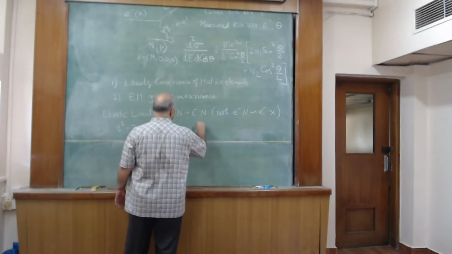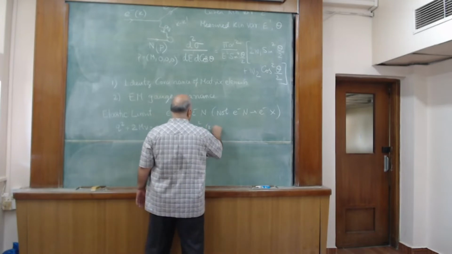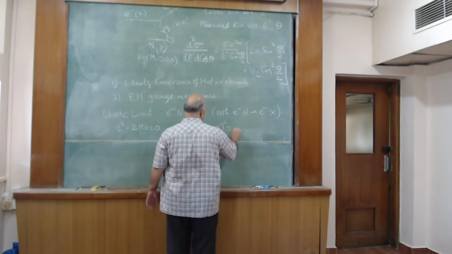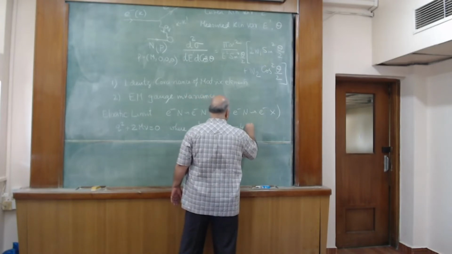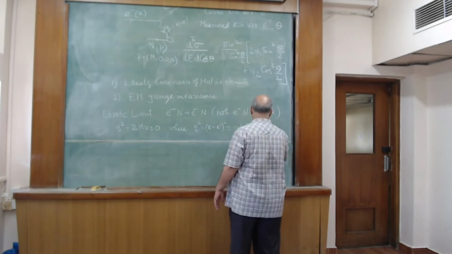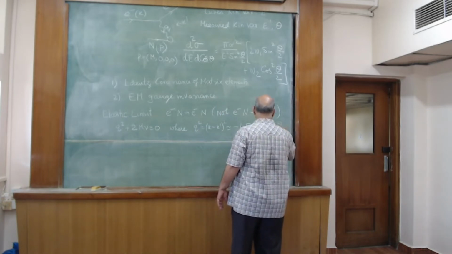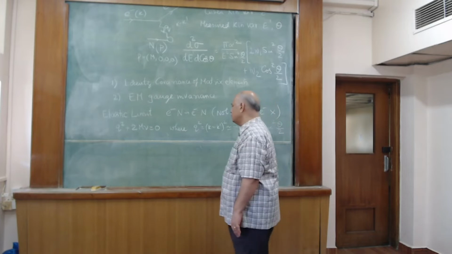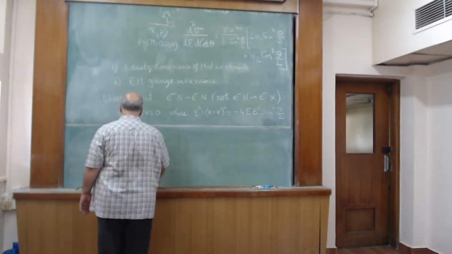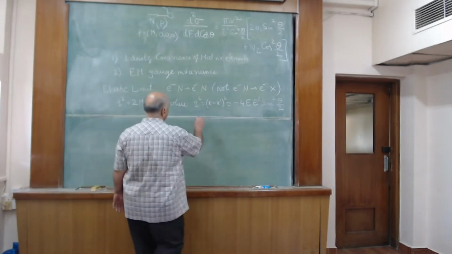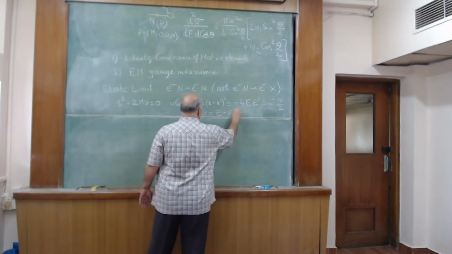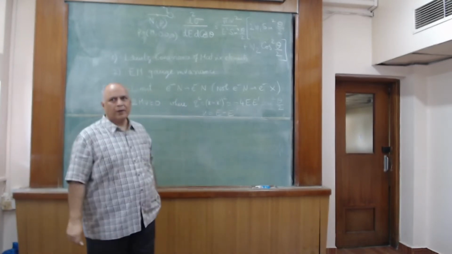where Q squared, of course, is (k minus k prime) squared, which is approximately minus 4 E E prime sine squared theta by 2, and nu is equal to E minus E prime.